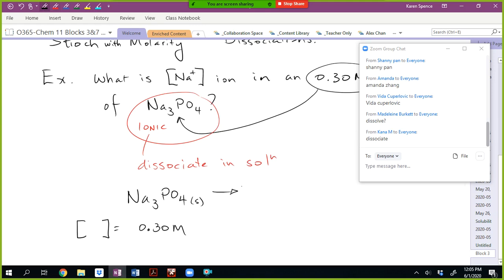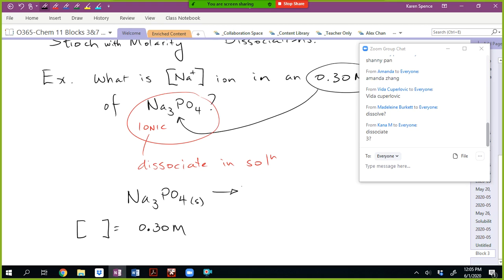Now, Na3PO4 is going to dissociate into how many sodium ions? We're going to get 3, that's right. So 3 Na+ plus 1 PO4 3-.